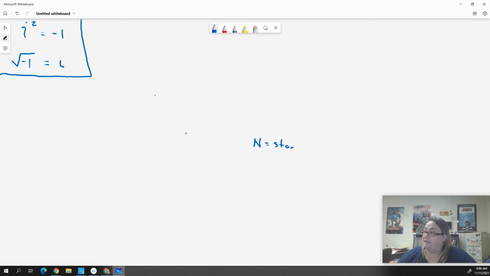Let me do it in notation, right? They go from 1 to infinity, right? And for a while, that was as big as it got. That was the whole world as we knew it, started with the natural numbers, right?